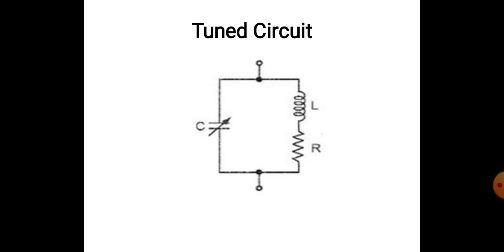Either this tuned circuit may be used at the base, that is input, or at the output collector side. If this tuned circuit is placed in the base, it is called input tuning or base tuned amplifier circuit. If this tuned circuit is used at the collector, then it is called collector tuned or output tuned amplifier circuit.